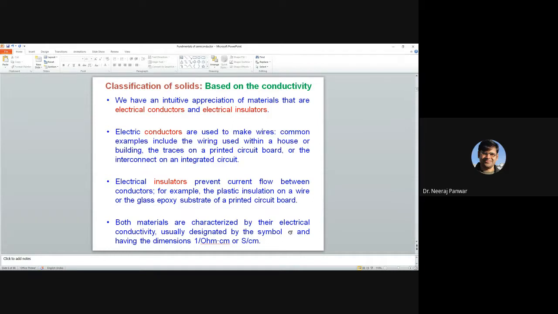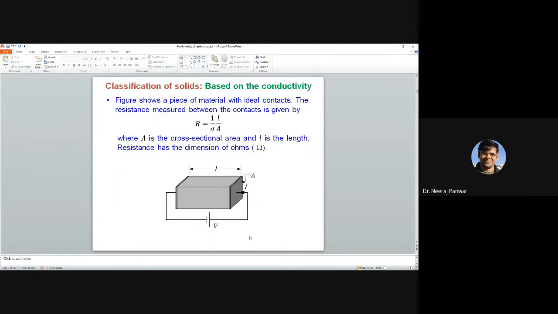Conductivity is denoted by the symbol sigma, and it has the unit of 1 over ohm centimeter or 1 over ohm meter, or it is 1 divided by ohm. 1 over ohm is also denoted by Siemens. So it will have Siemens per centimeter or Siemens per meter unit as that of conductivity.